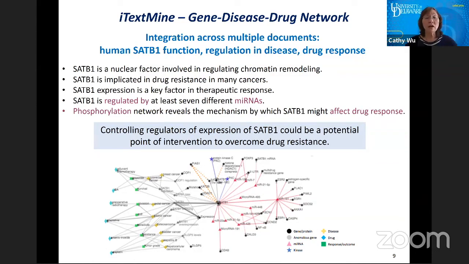I don't have to go through the detailed findings through those documents, but a take-home here is that, for example, one can find the controlling regulators of expression of SEPB1 could be a potential point of intervention to overcome drug resistance, because from this network we know how they are regulated by different microRNAs, and we know how the phosphorylation network impacts the drug response.